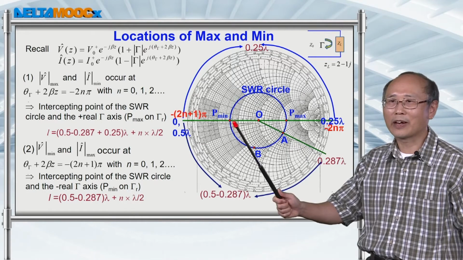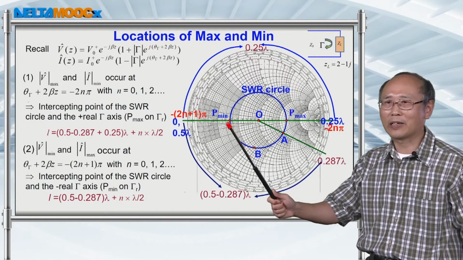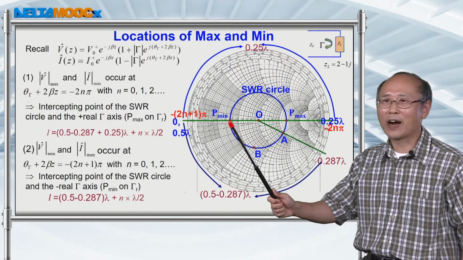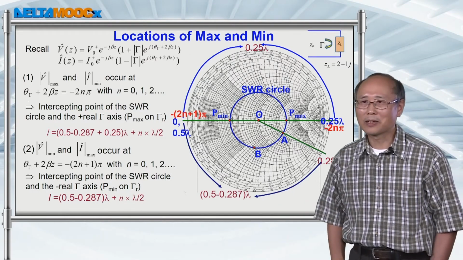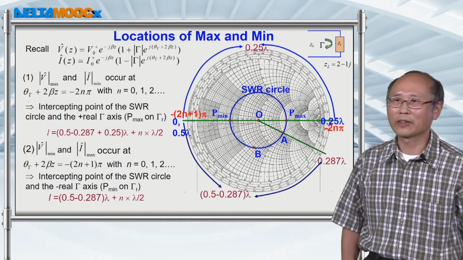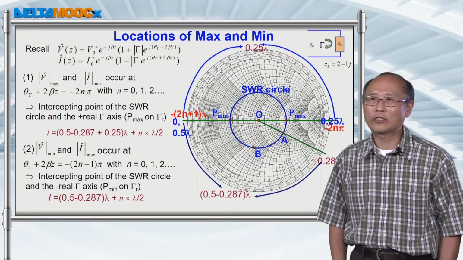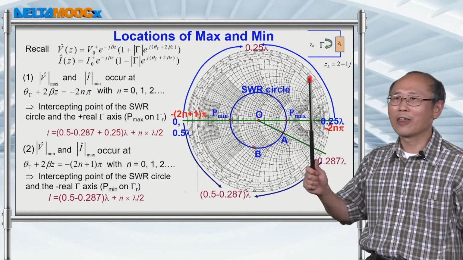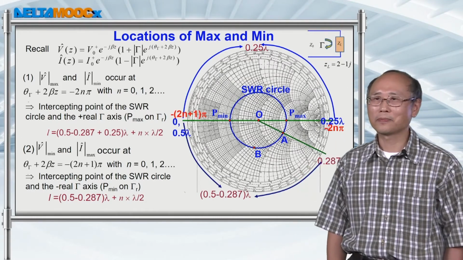And for the SWR circle intercepting the negative portion of the real axis, you will find the voltage minima and current maxima. So that is how you find the locations of the extremal signals on this transmission line.